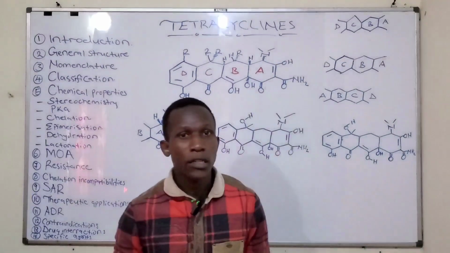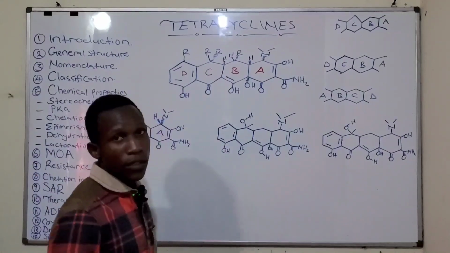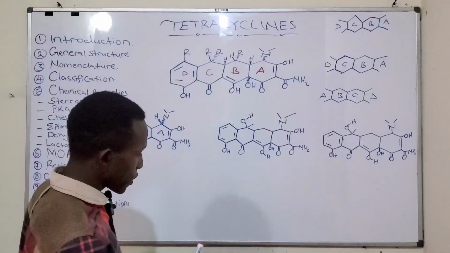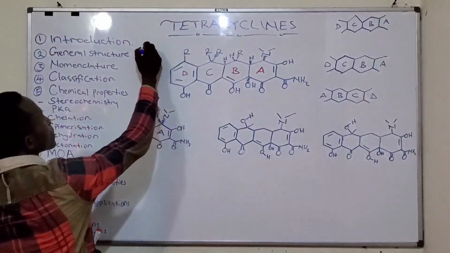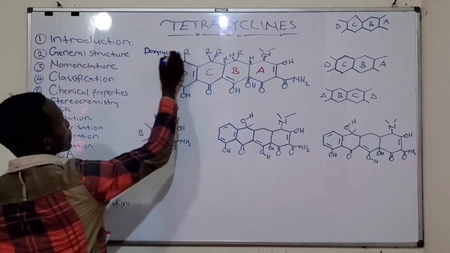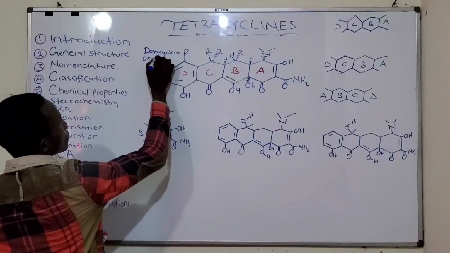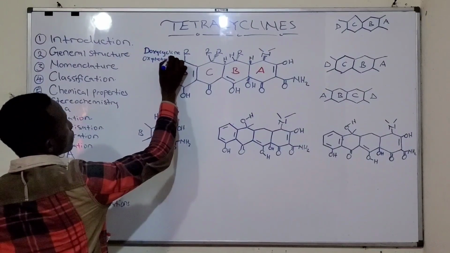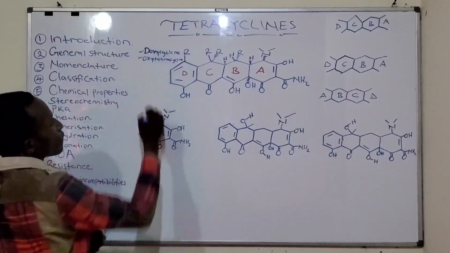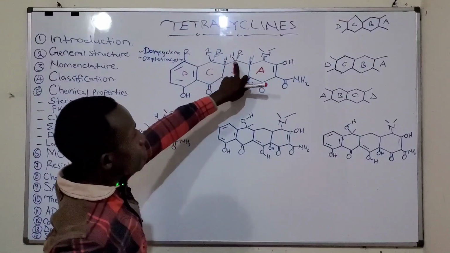For chemical properties, let's begin with the stereochemistry. Tetracyclines have some carbons which can be chiral. For example, doxycycline and oxytetracycline, these two have an OH group at position 5.